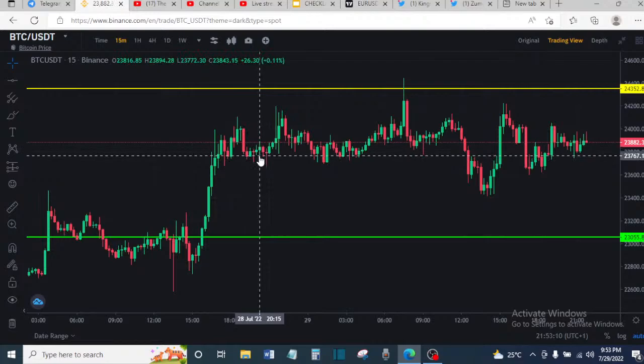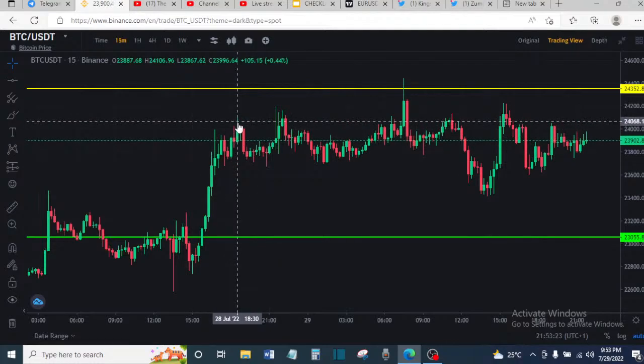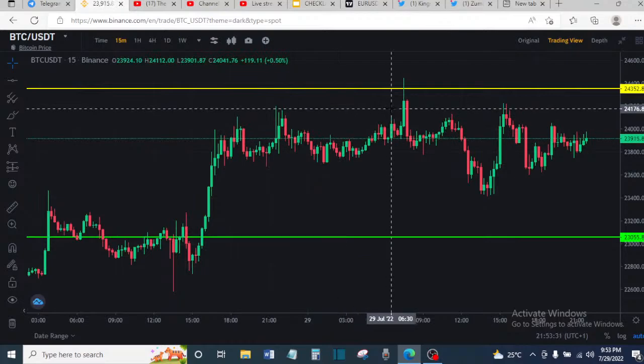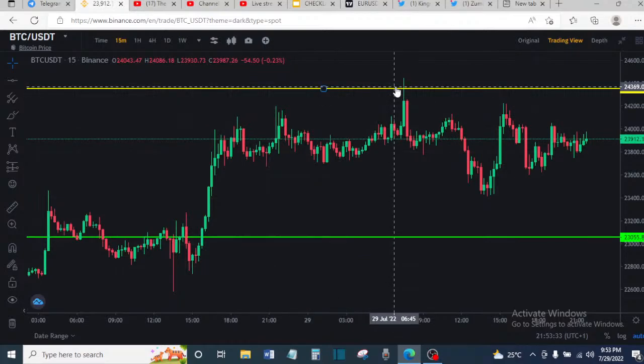Say you have a whole one lot, you can divide it into 0.25, 0.25, 0.25, 0.25, so 0.25 in four places. Once price hits one stage, it takes out 0.25. Price hits another stage, it takes out another 0.25, and so on to the fourth stage.